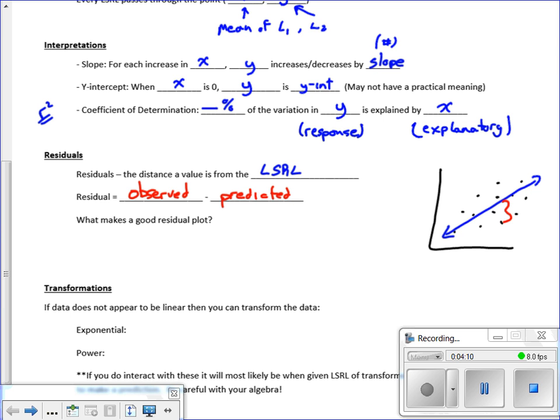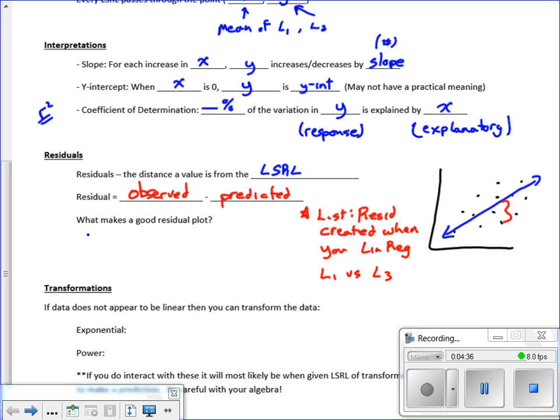So we can create a residual plot. Recall that you get that after a list. The residual list is created by the calculator when you run linreg. So if that's been run, you get these residuals, and then you're going to plot list 1 versus list 3, and you get your residual plot.